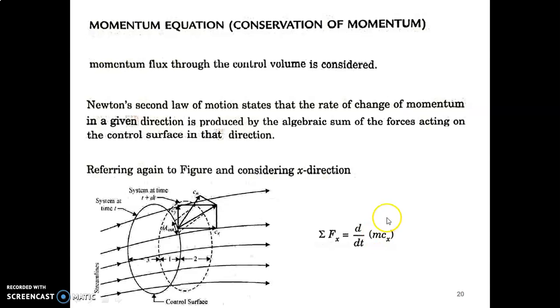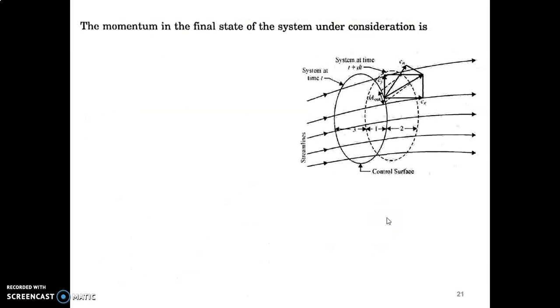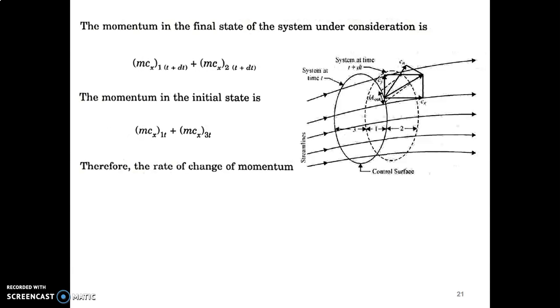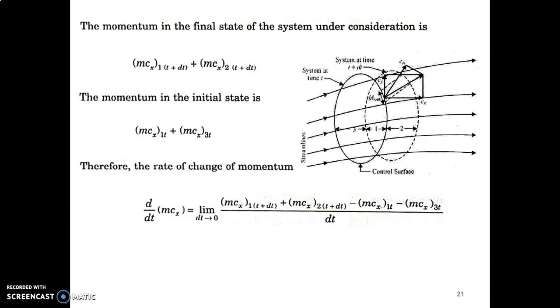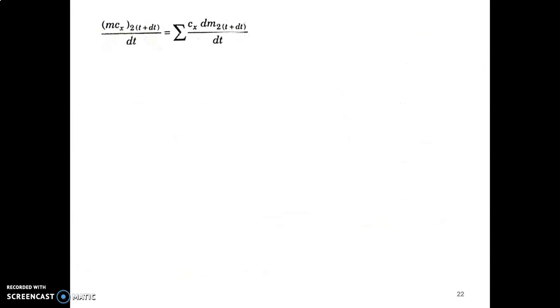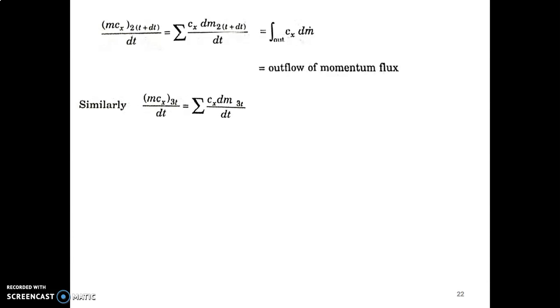Now after that, the momentum in the final and initial states was found, and we have also found the rate of change of momentum in the control volume, and substituted these in the initial expression of the total force. We have also found the outflow of the momentum flux and the inflow of the momentum flux.